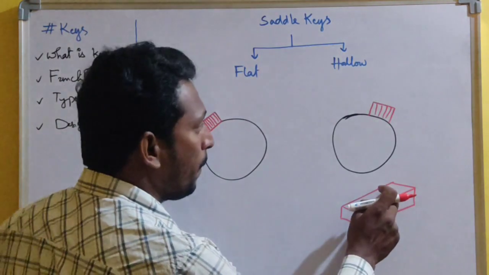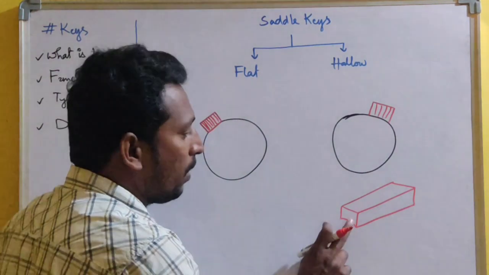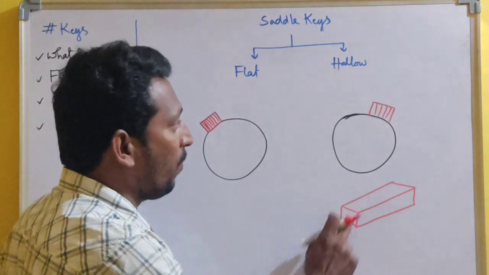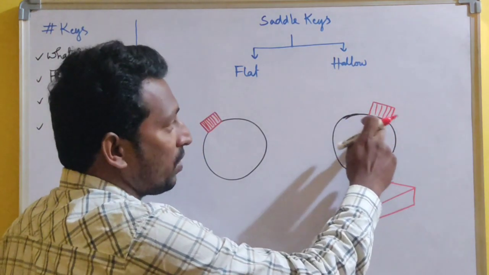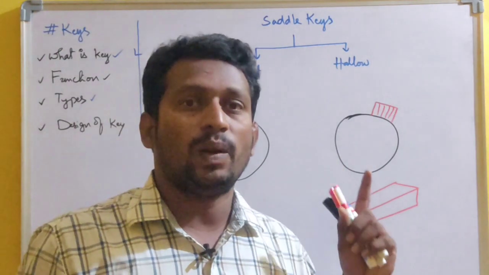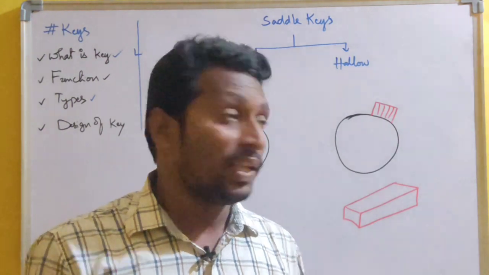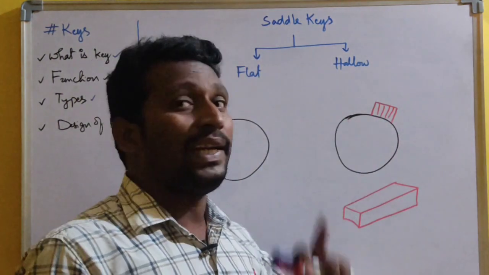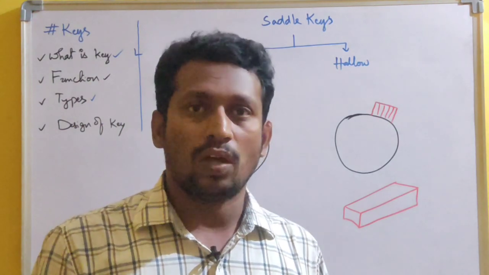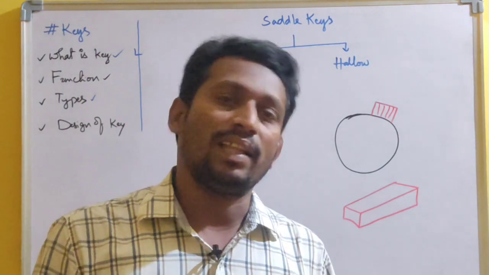Please observe that the bottom surface of the key will be made to match the profile of the outer surface of the solid shaft. These keys are not preferred for transmitting heavy power, because the key is only slightly, partially inserted into the solid shaft, so it gives very little strength.